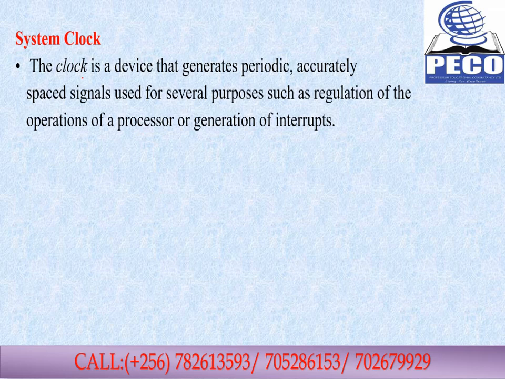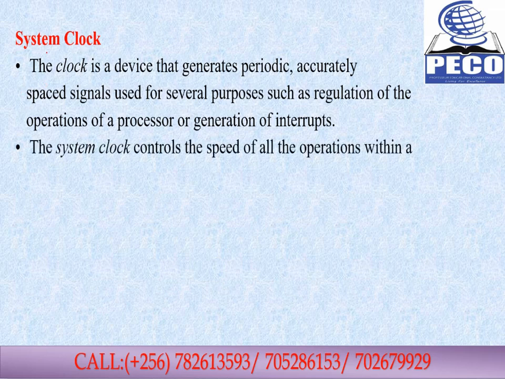That is the work of the system clock. The computer does not just work anyhow; components are timed. They are synchronized to work together, based on that timing using the system clock.